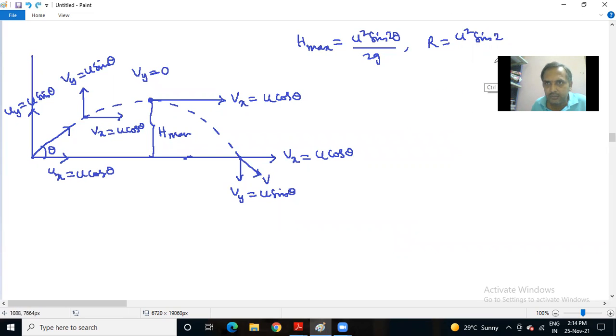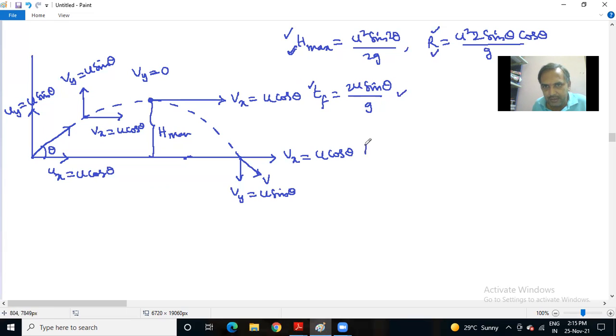Otherwise you can write this as 2 sine theta into cos theta. Then we got that the time of flight is 2u sine theta by g. Now let us try to have relations between h max and range, h max and time of flight, and range and time of flight.